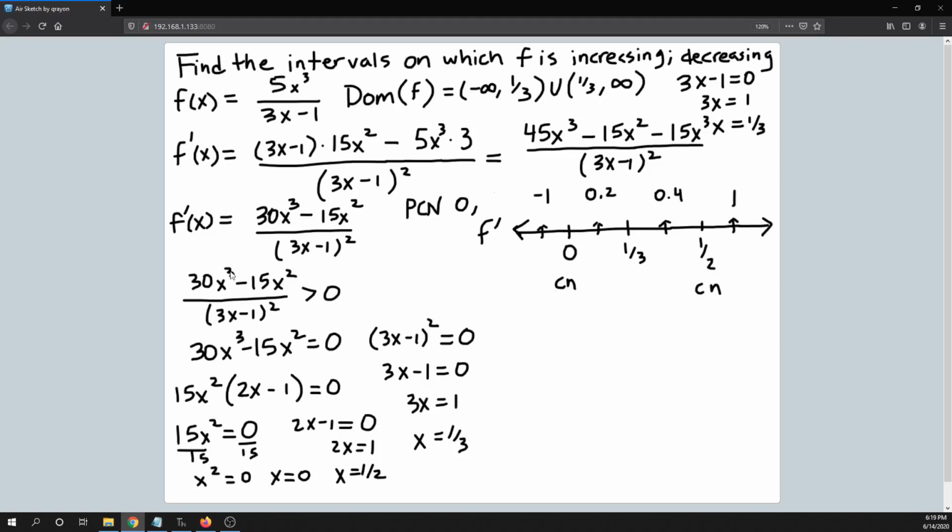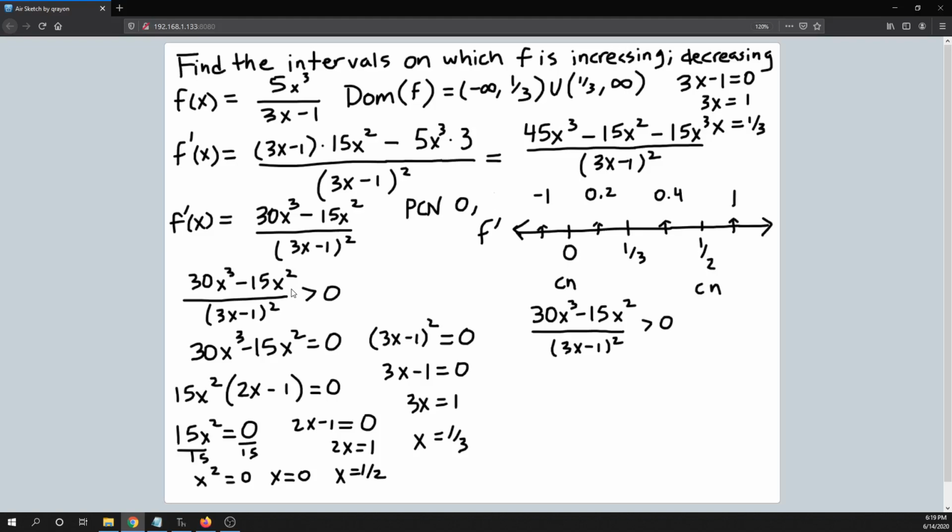All right, and I am going to plug those numbers into this original inequality right here. Those test numbers, I'm going to be plugging them into 30x cubed minus 15x squared over 3x minus 1 quantity squared greater than 0.